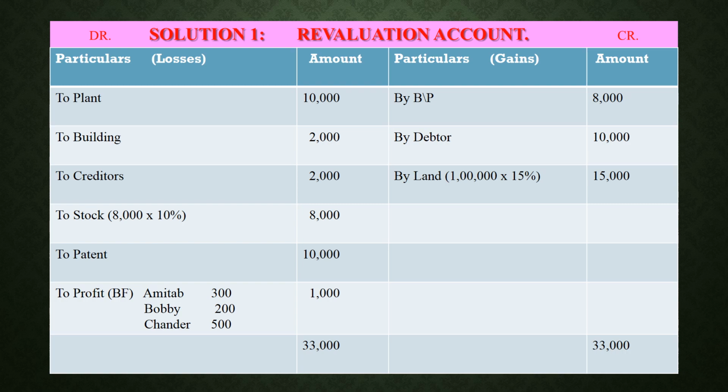Next adjustment is building overvalued by rupees 2,000. Whenever any asset is overvalued, this means actually value is less, means market value is less, but in the balance sheet we have overstated it, we have shown it more in the balance sheet, while actually it is less.